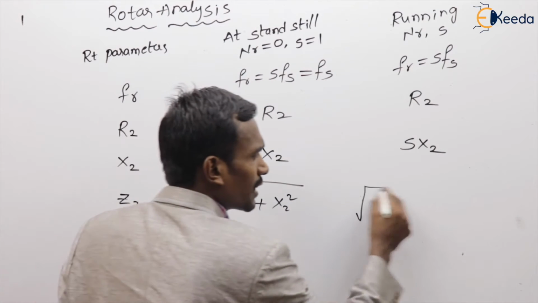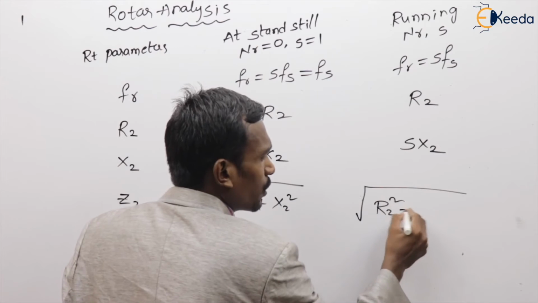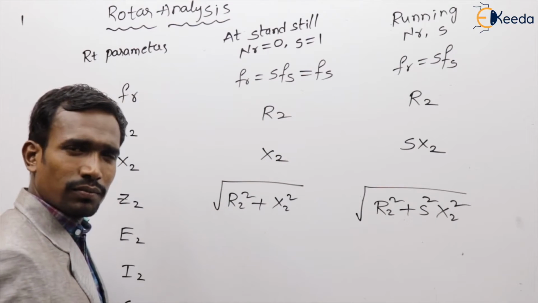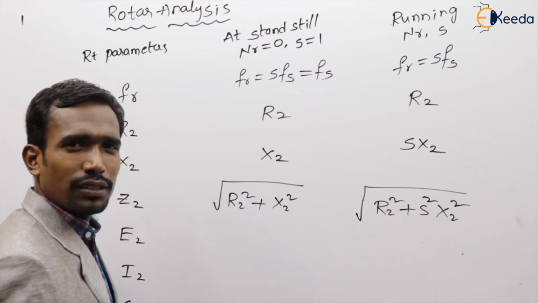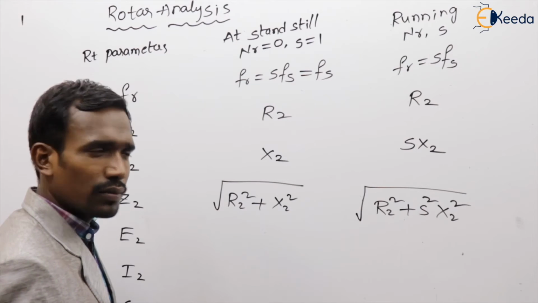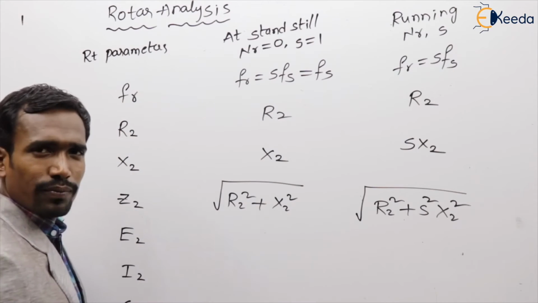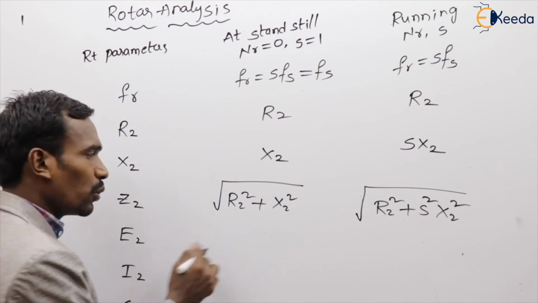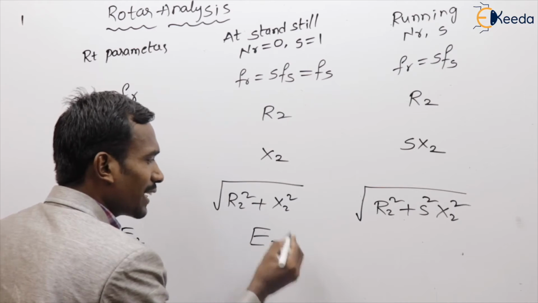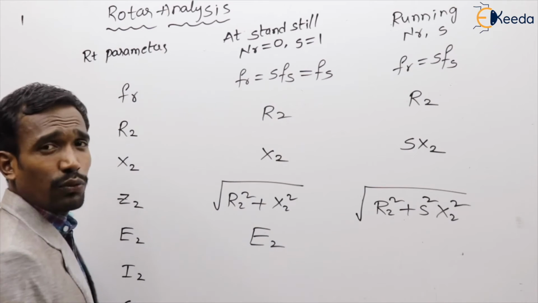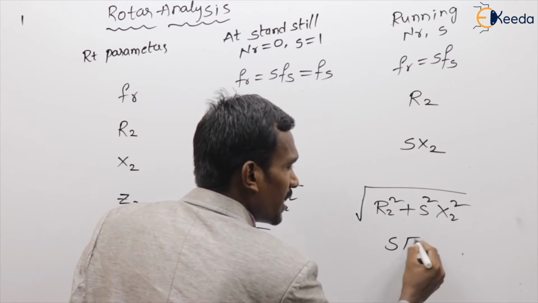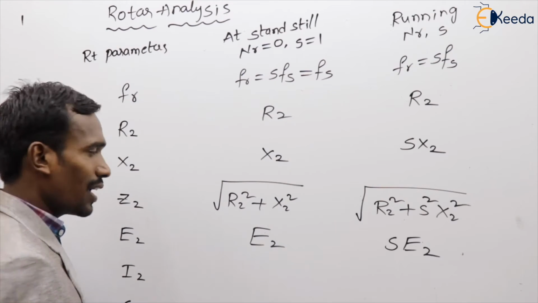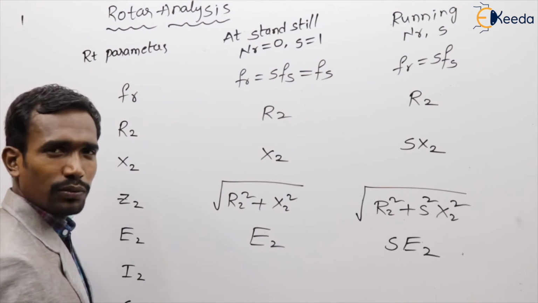But at running condition, square root of R2 square plus S square into X2 square. EMF: E2 is the same for starting condition, because S is equal to 1. But at running condition, S into E2.